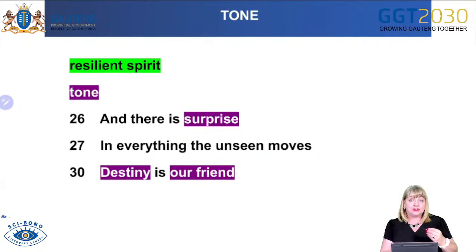But he refuses to believe that his destiny is anything but positive. So his tone is very positive. It affirms life. It affirms dreams, possibilities, a positive future, because he says destiny is our friend. So your friend is somebody that cares about you. They're going to do the best for you. They're going to make sure that bad things don't happen to you.